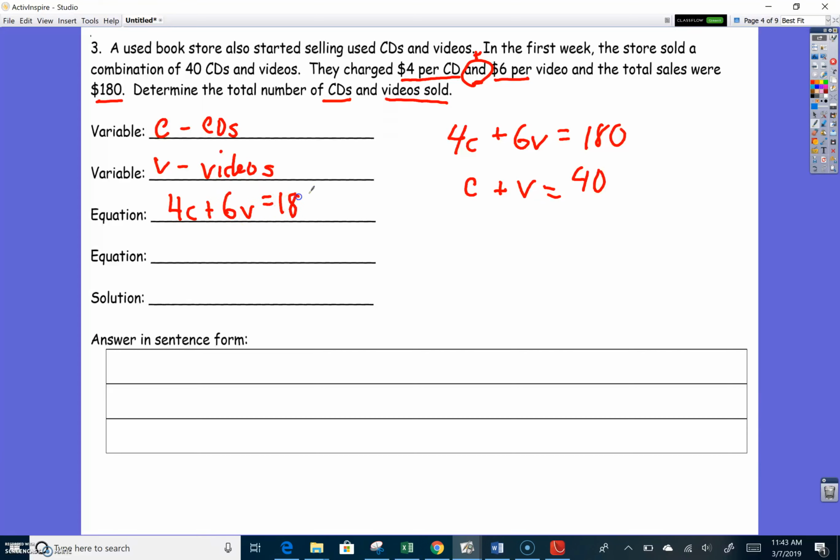All right, go ahead and use your calculator to see the answer. Using the calculator, you should have 30, 10. That means they sold 30 CDs and 10 videos.